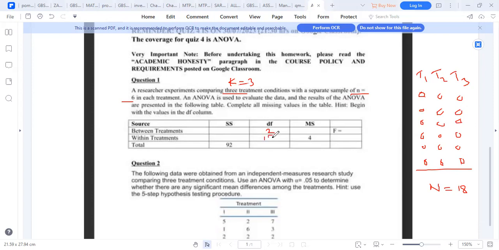But here what are we going to have? 17, n minus 1, totaling up to 17. Are we together so far?